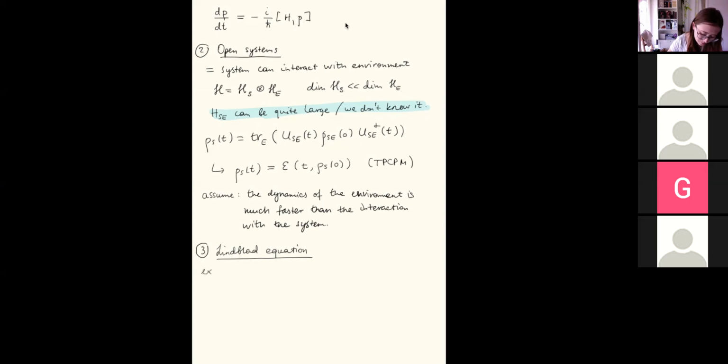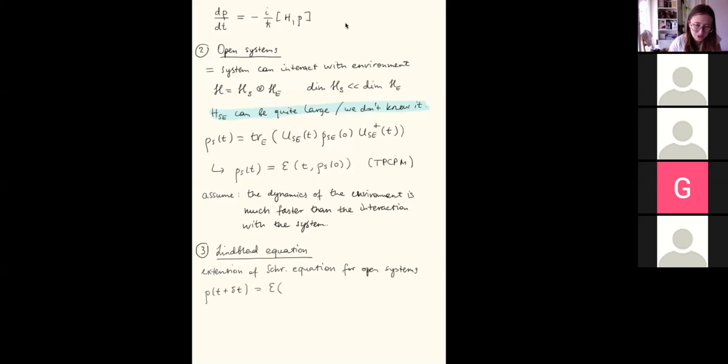Okay, so let us proceed in the same way as we did in the first part. We will consider the state of the system at the time t plus some small time delta t. So rho of t plus delta t.